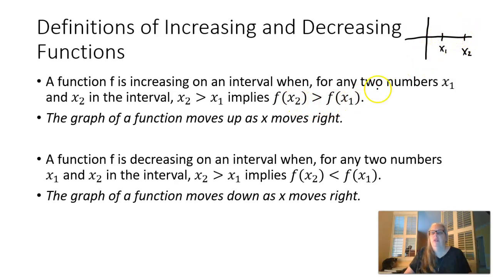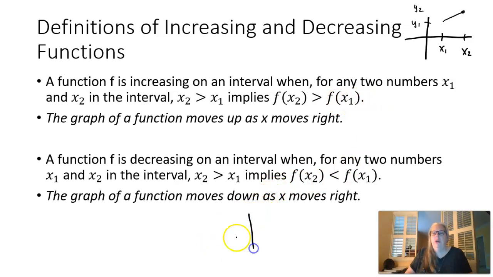Let's say x1 corresponds to this value of y1 right here, and x2 corresponds to this value y2 up here. Then we know that the function is going to be increasing, because when x2 is bigger than x1, y2 is also bigger than y1, which we can tell because it's higher than y1 on the y-axis. So this is how we know something's increasing.